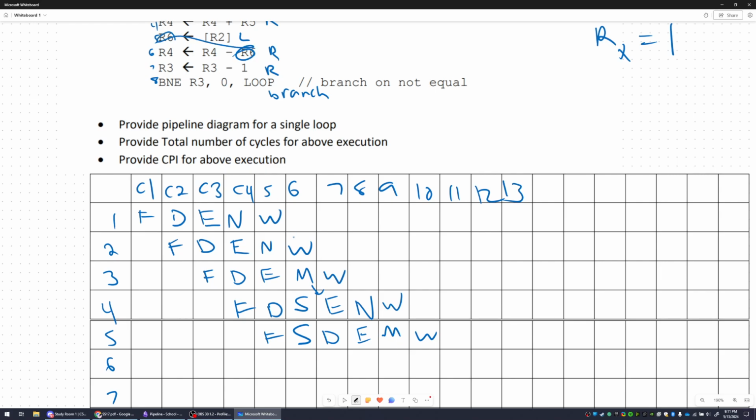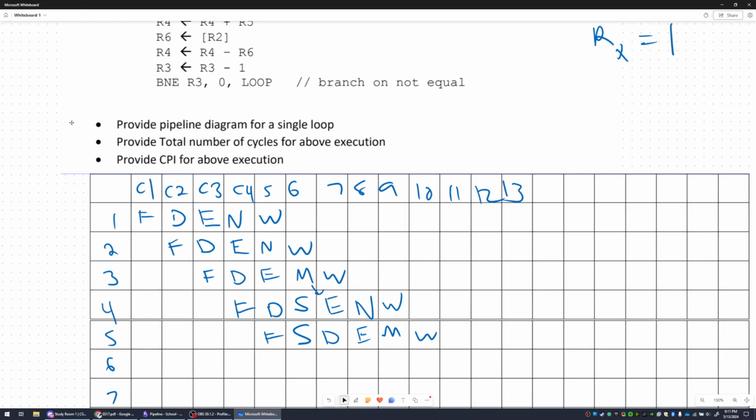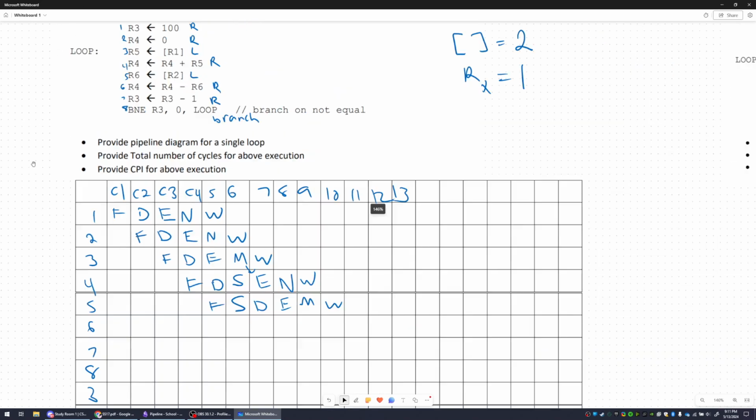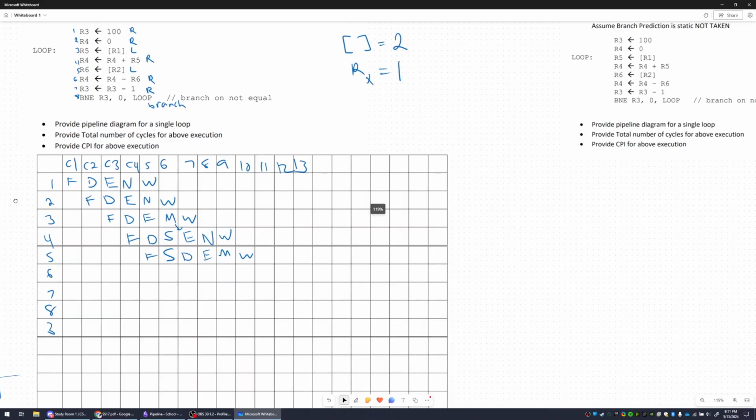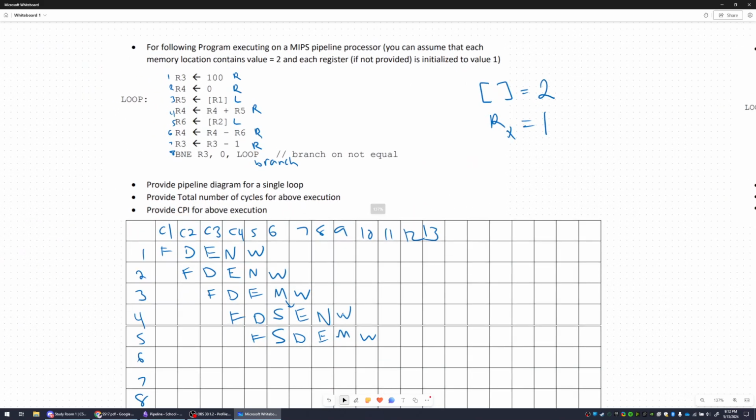R6 over here. R4 from line 4. Oh, oops. So stall here, fetch, decode, and then 6 is dependent on 4. Is 4 done? 4 is done.